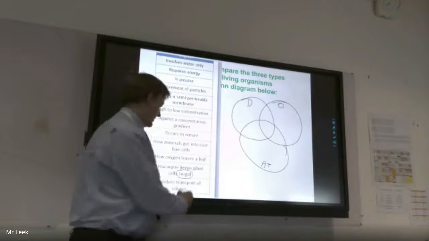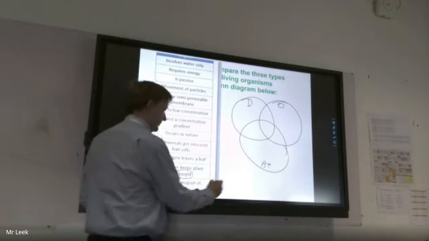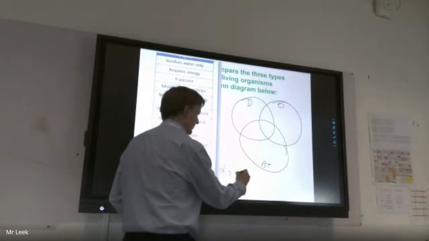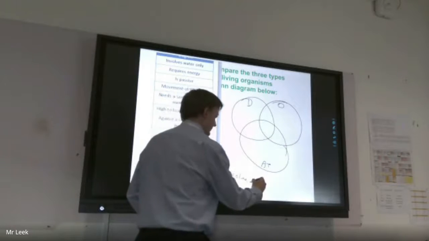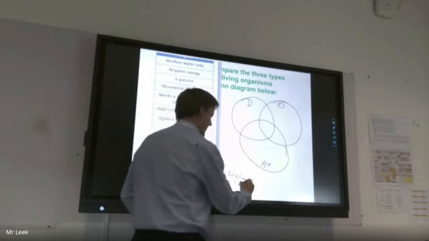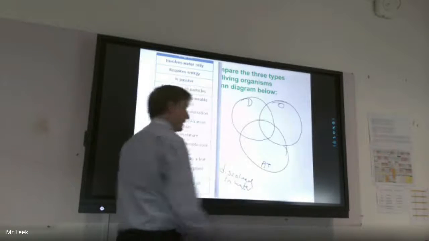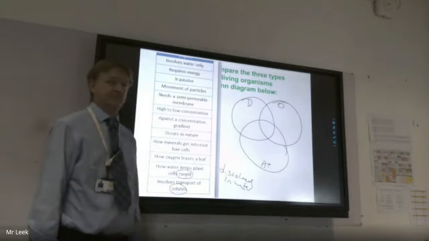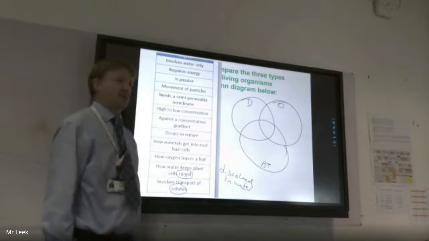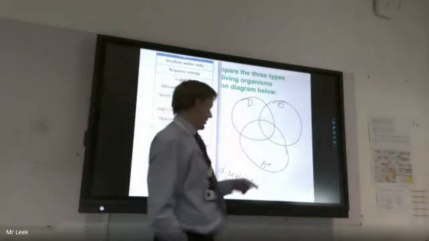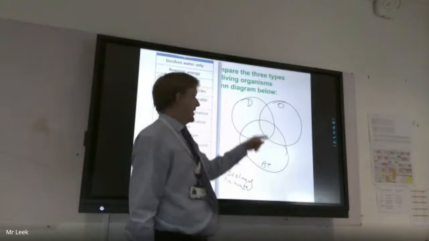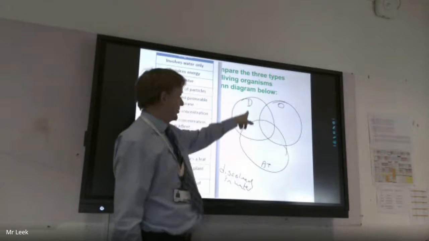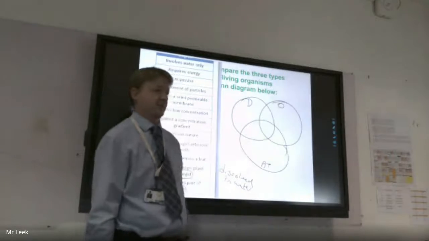So which one is it not going to be? It's not going to be osmosis because it's dissolved in water. So what actually happens is, dissolved in water is diffusion and active transport.